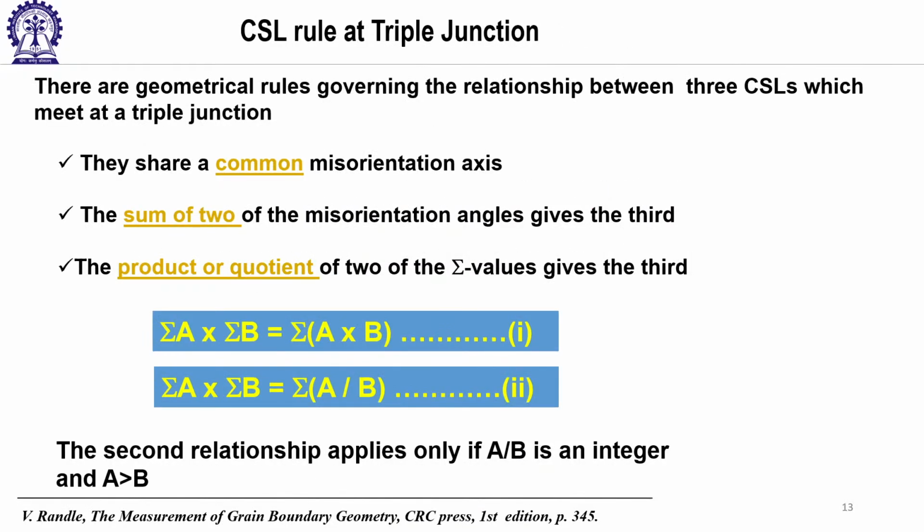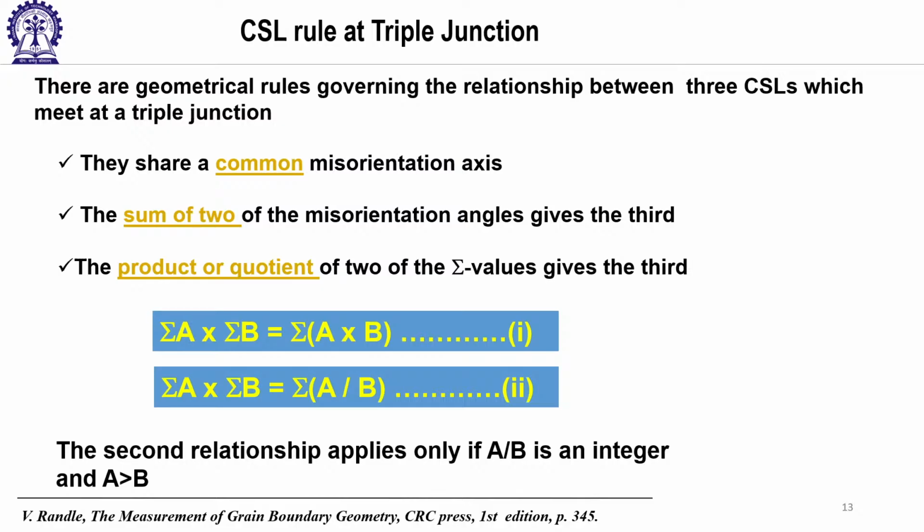Now suppose in a material you have a limited number of sigma 3 boundaries, sigma 9 boundaries or special CSL boundaries. How can you tailor a microstructure with more CSL boundaries? You may start with 10% or 20% CSL boundaries, and I want to make most of the boundaries, like 50% or 60%, low sigma CSL boundaries. How will you get it?